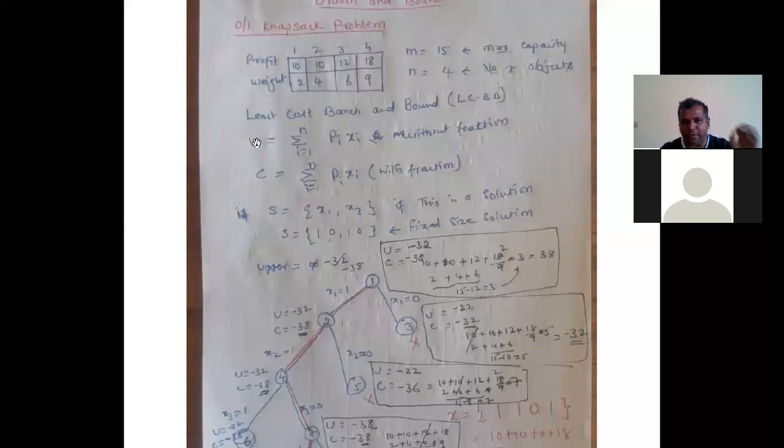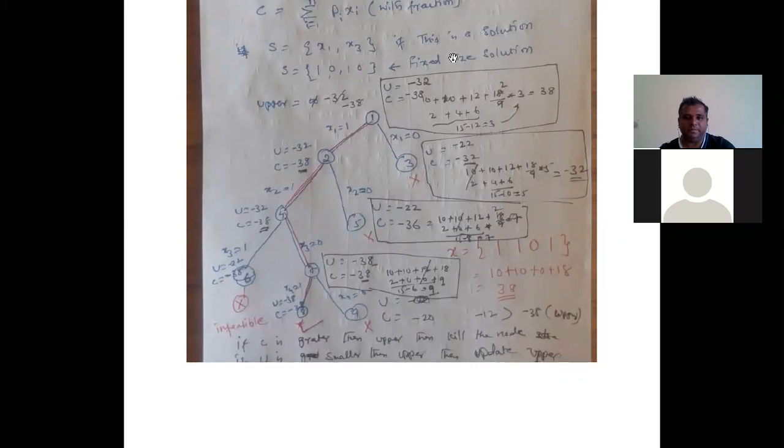So the U function is without fraction and the C function is with fraction. We have to evaluate these 2 functions to expand the nodes of a solution space tree.